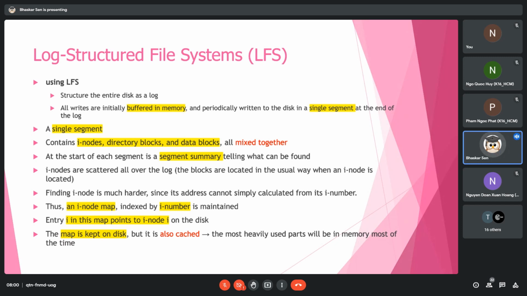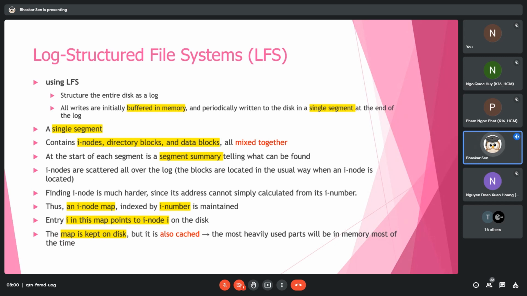Because we are not concerned about finding each piece of data blocks. Of course, that is our prime concern. But that can be done easily if only we can get hold of this inode. But finding the inodes is really tough.